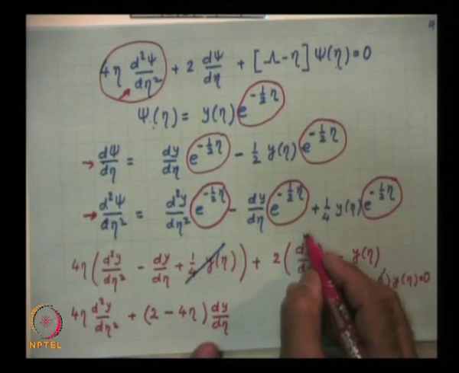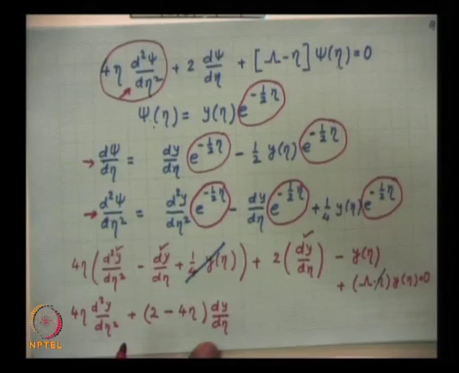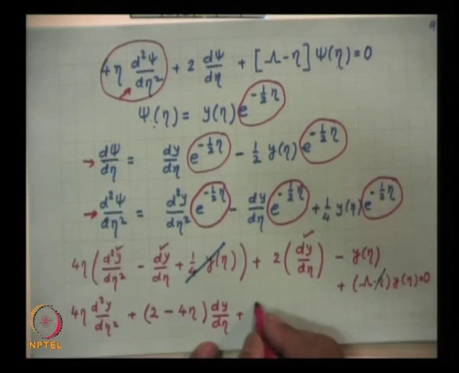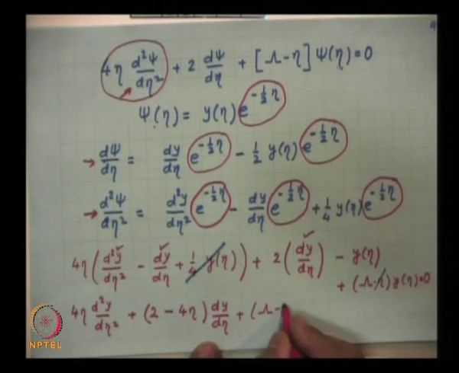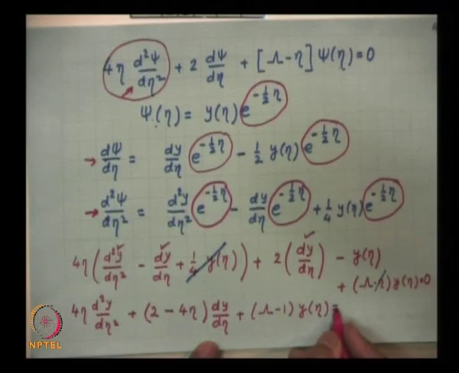So, this term is taken care of, this term is taken care of, this term is taken care of, plus lambda minus 1 y of eta equal to 0.